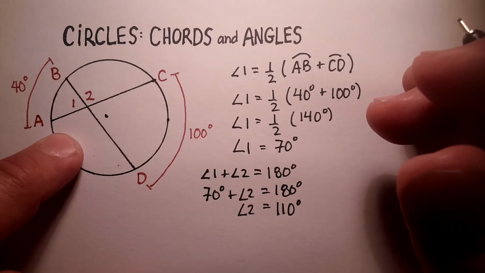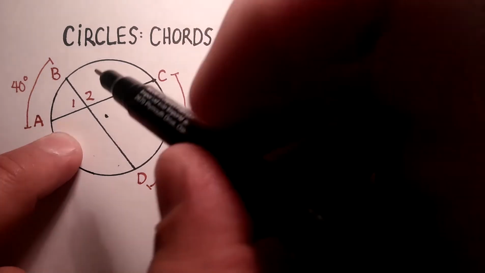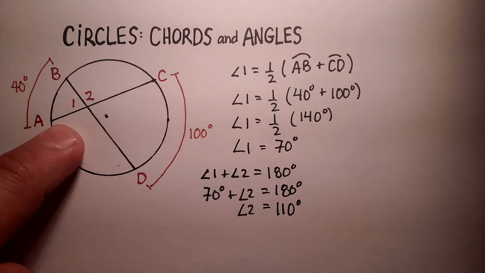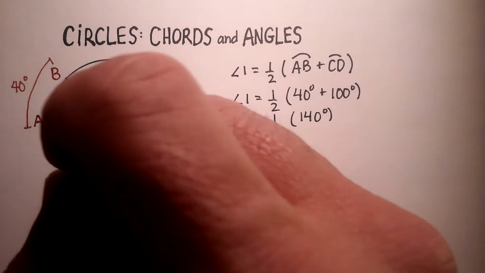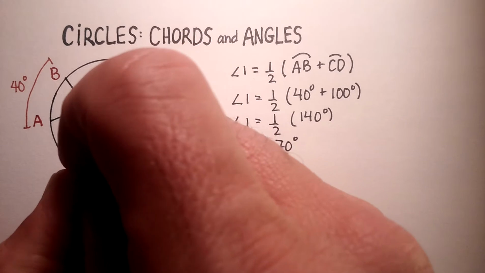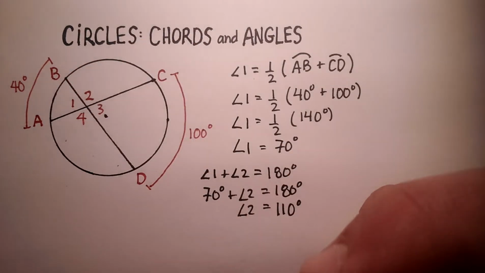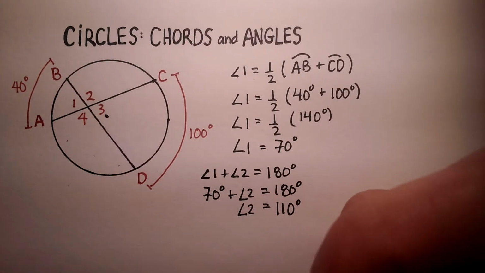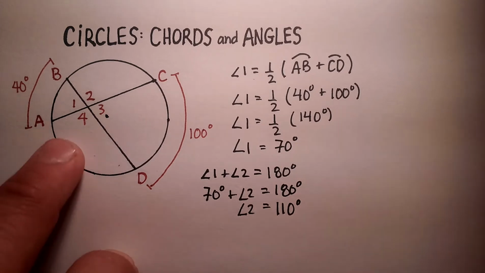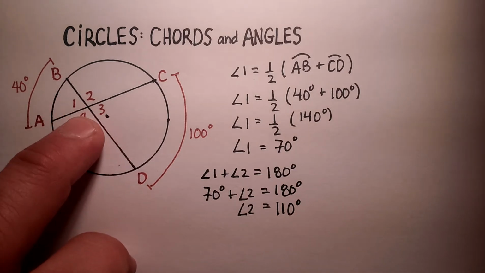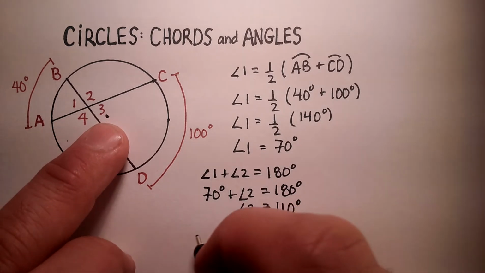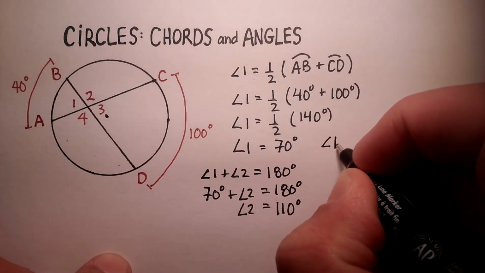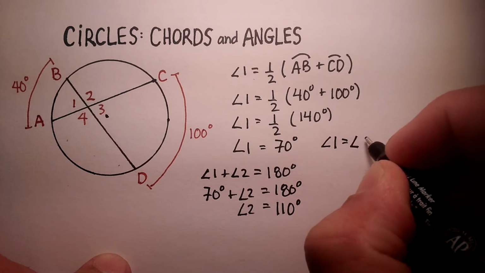Now, let's find some more information from that. Angle 1, and let's mark a couple other angles in here too so that we can get this correct. We'll call that 1, 2, we'll call that angle 3, and we'll call that angle 4. You'll remember that vertical angles are equal, okay? So angle 1 should be equal to angle 3, because they're vertical angles.